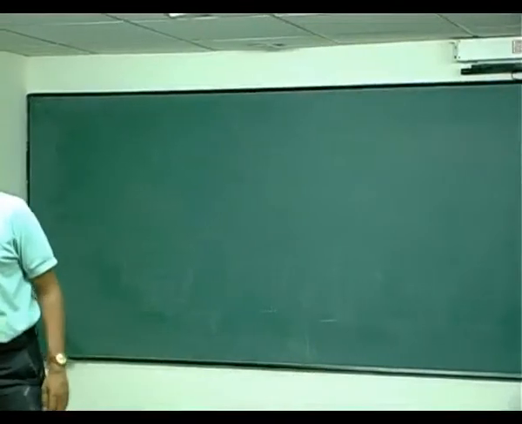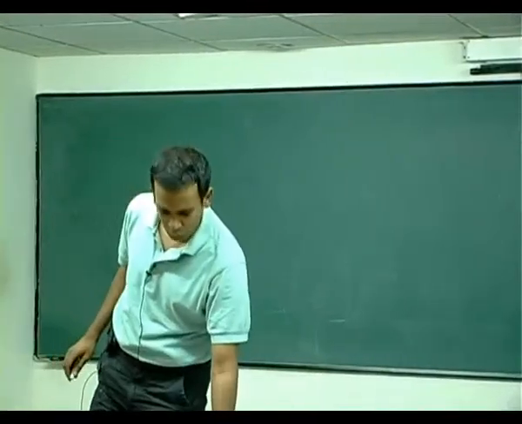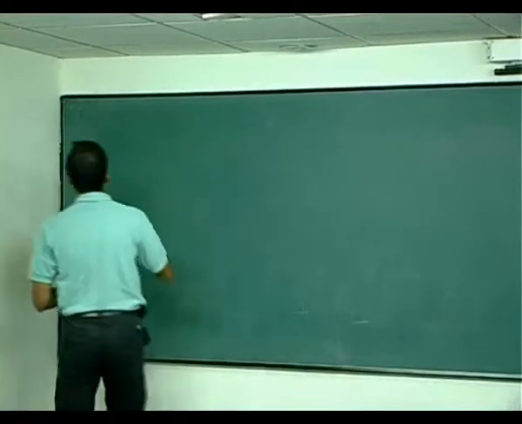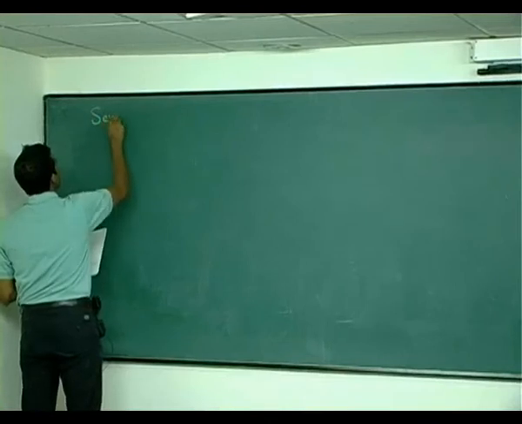So last time we proved Maschke's theorem. So this brings us to the notion of a semi-simple algebra.